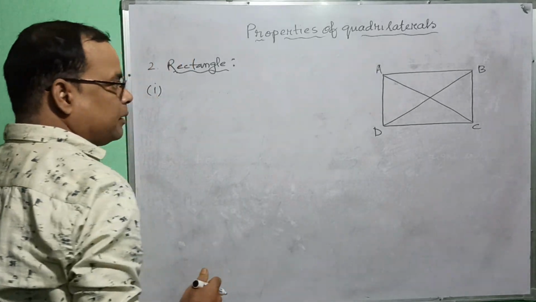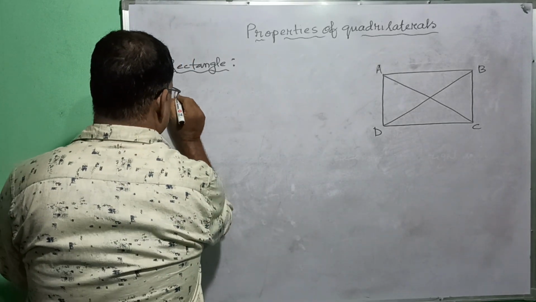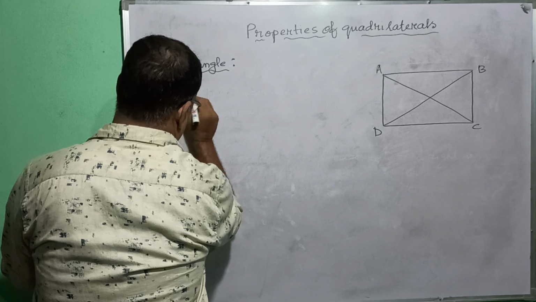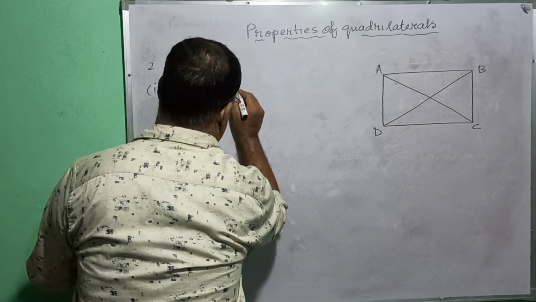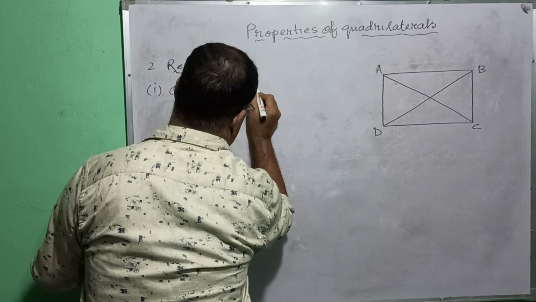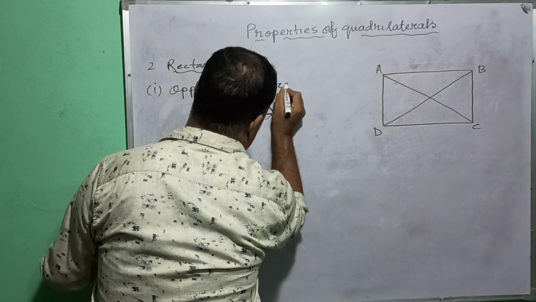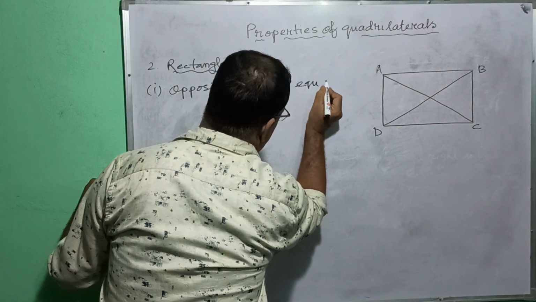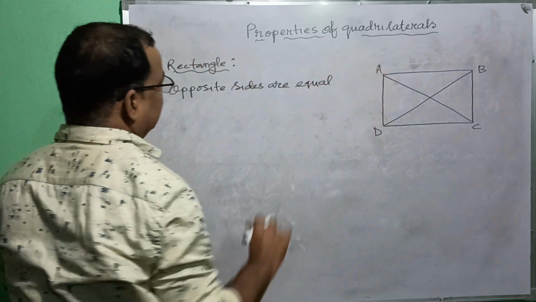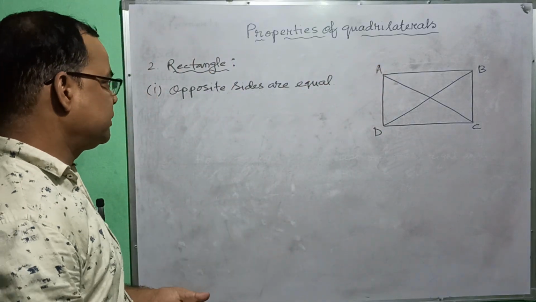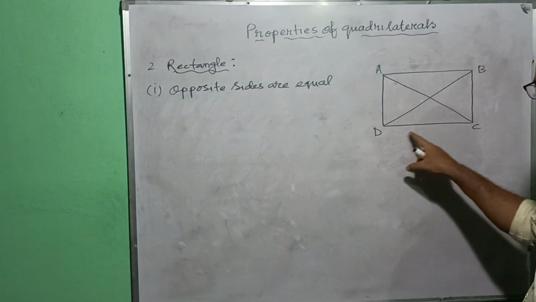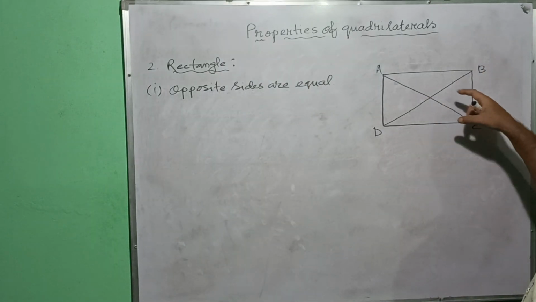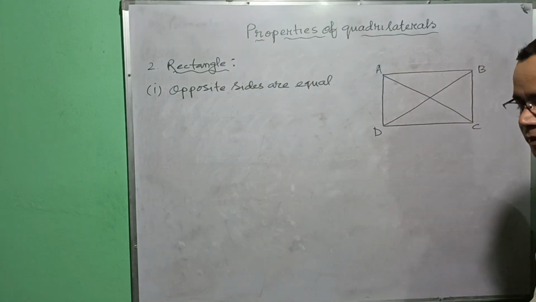As a first property, we can write opposite sides are equal in measure. It means that AB is equal to CD and BC is equal to AD.